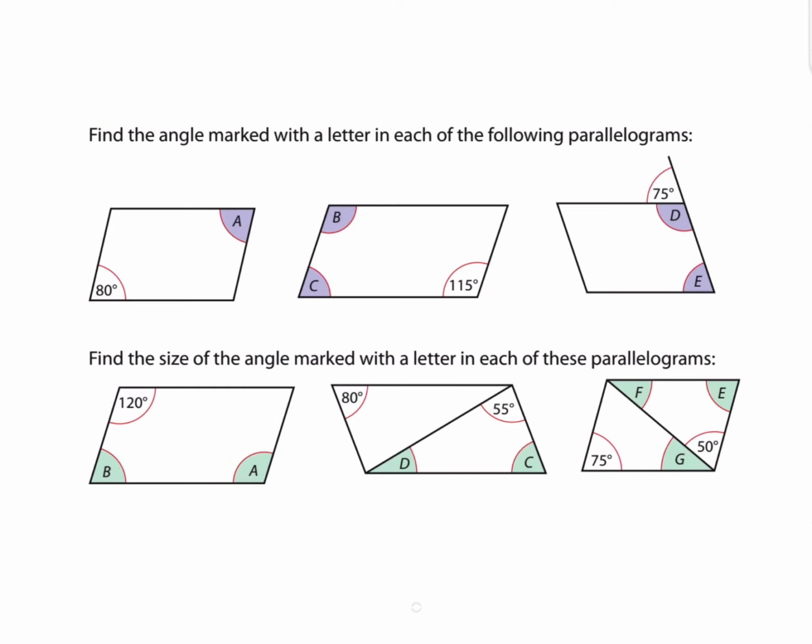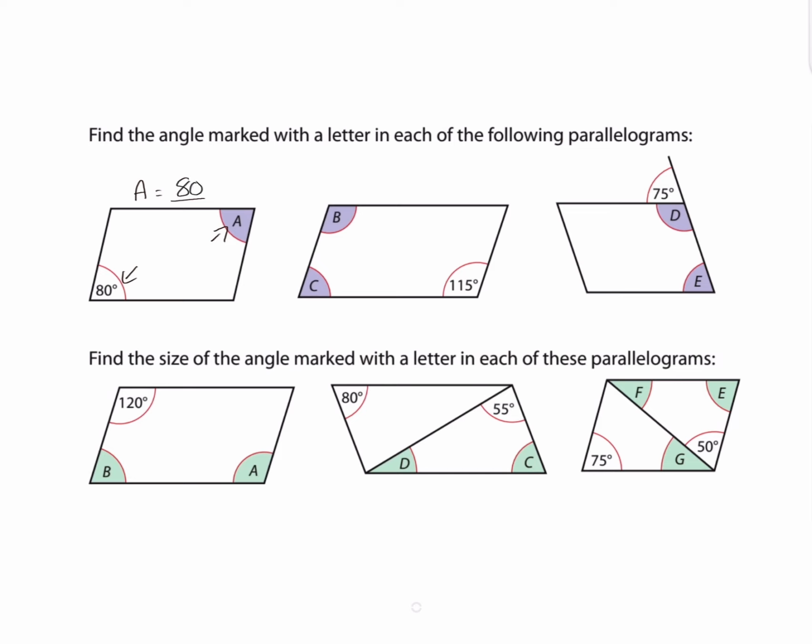Okay, question number 1. We know that this angle is 80 degrees, okay? And this angle is called A. And they want to know, what is A? A is what? Well, it's an opposite angle. They are opposite each other. So opposite angles are equal.